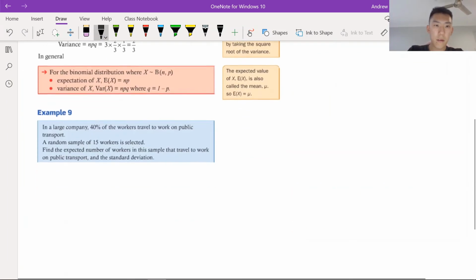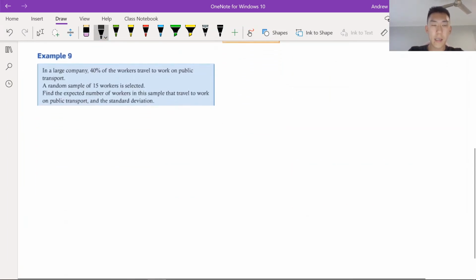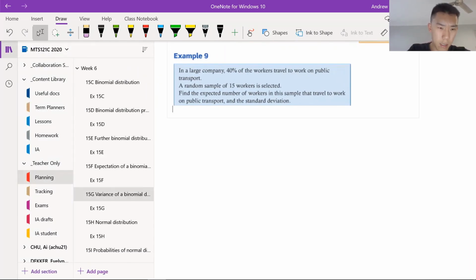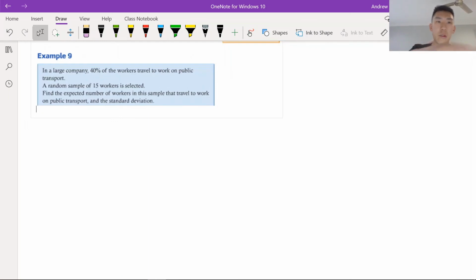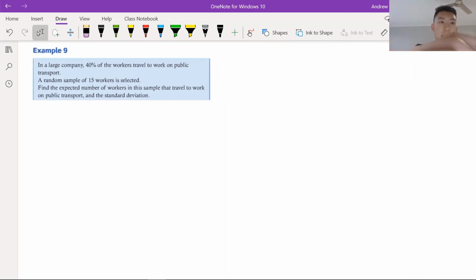And G, this is the last exercise for the binomial distribution because then it's normal. So let's just finish and do everything in one video. In a large company, okay, this one's got expected value and variance. The variance formula is just npq, so nothing too crazy there.